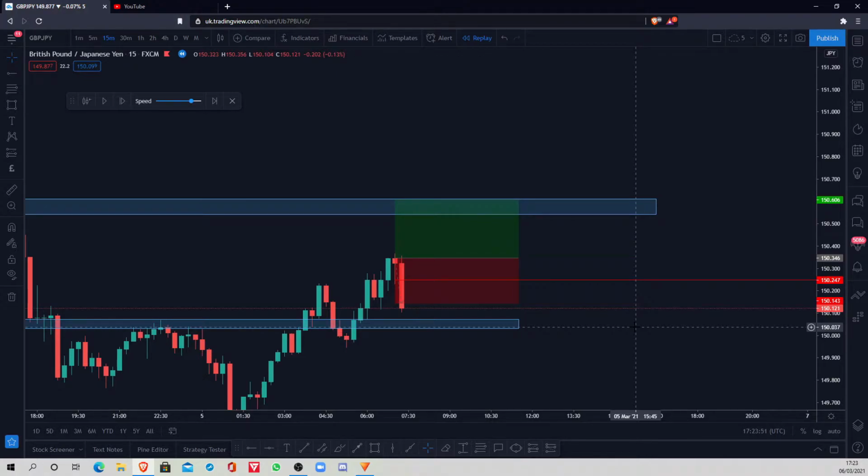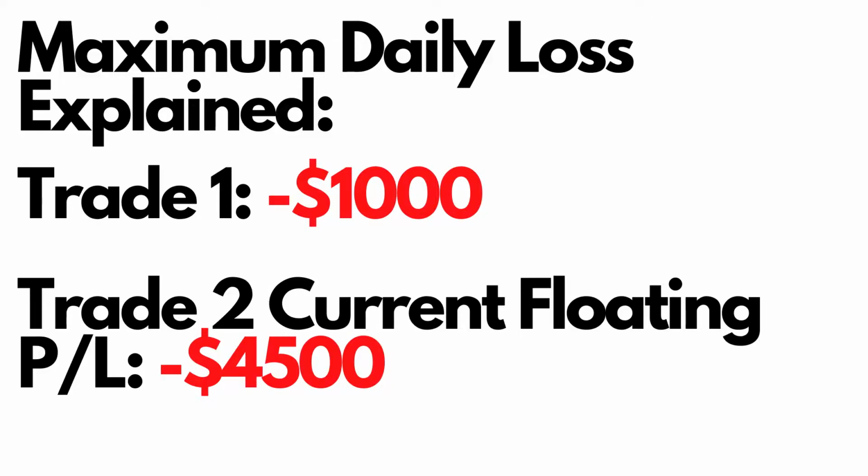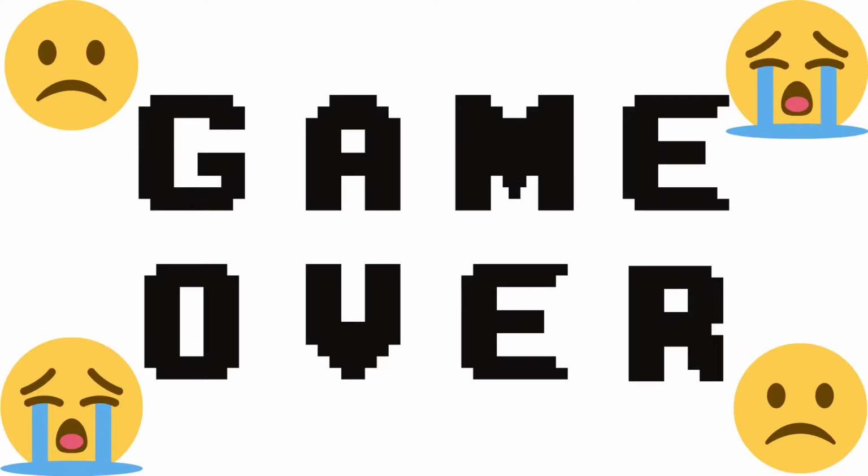So whatever your floating loss is, the maximum amount, that will be counted as well. So if, for example, we lose $1,000 in a trade and then we take another trade and we have a maximum floating loss of around $4,500, let's say, then we would have definitely violated that trading criteria and our challenge would be terminated immediately.